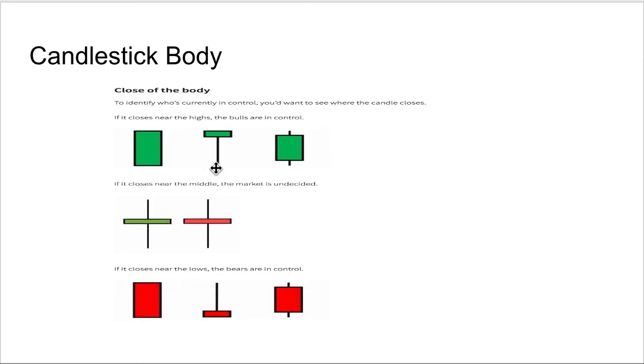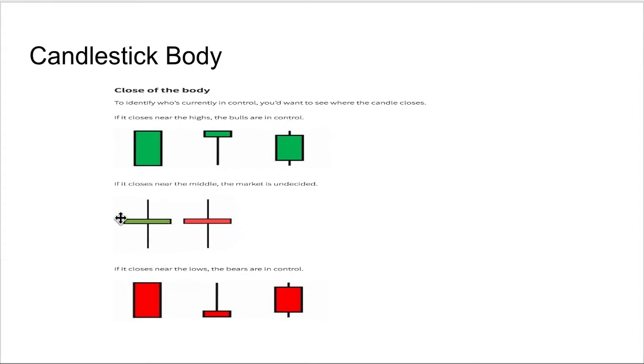However, the buyers gained control. That's the reason why the price actually closed higher, because there's more demand for the stock. And with this candle, the stock opened up over here. The sellers did try to push it down a bit, but then the buyers quickly got control and managed to close it at highs.